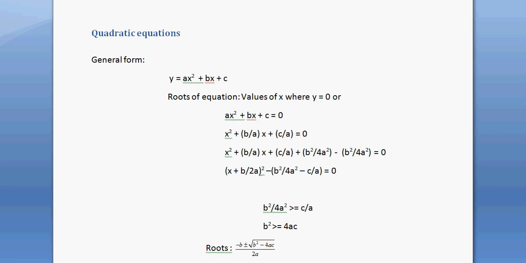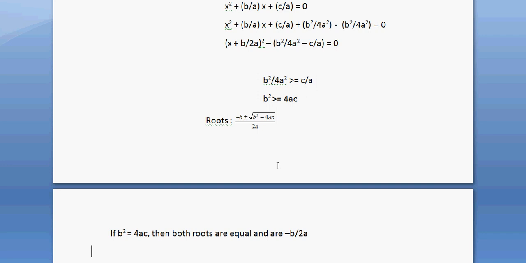So there would be real roots. If we just look at this process, we'll find that the roots would be there if b square is greater than or equal to 4ac, and the roots would be minus b plus minus root of b square minus 4ac upon 2a. These would be the roots of the quadratic equation, right?